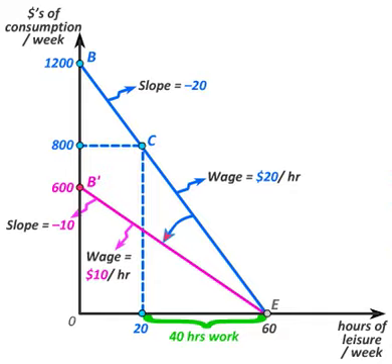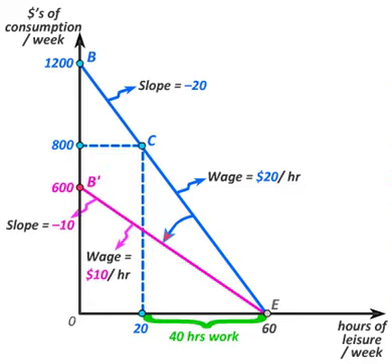The slope of the magenta budget constraint is now minus 600 divided by 60, or minus 10. In other words, minus the new wage per hour. This again makes sense. The opportunity cost of an hour of leisure has now fallen from the initial $20 an hour to the $10 an hour that we are now giving up when we choose leisure rather than spend the hour working.